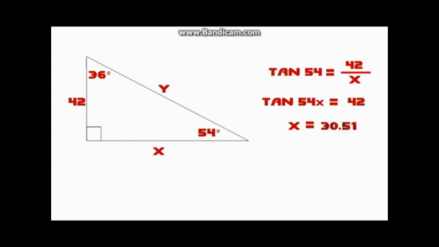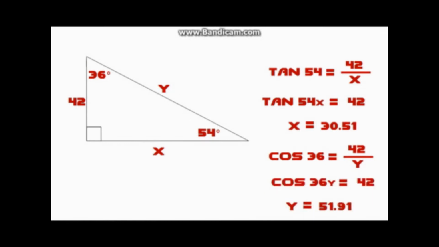And then we can find y with the cosine of 36, which is the adjacent, which is 42, over the hypotenuse, which is y. And then we just do the same thing, and that comes out at about 51.91.